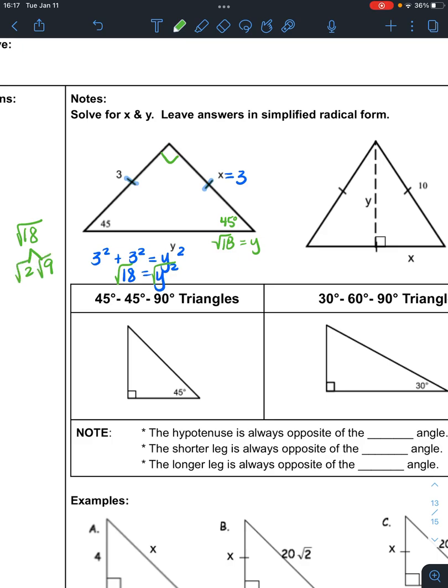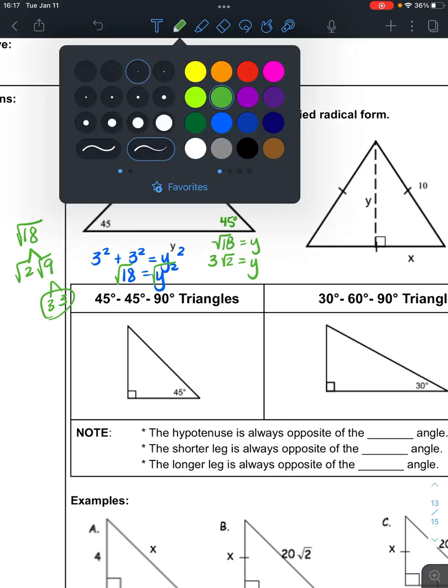So I'm going to take the square root of 18 and let it become the square root of 2 and the square root of 9. You might not see that, and you might need to go here and do your 3 and 3 and then find your pairs. It just depends on what you see and what method you use. The square root of 2 is a decimal that I don't want to use, so I'm going to leave it alone. And the square root of 9 is 3. And so the square root of 18 is 3 root 2.